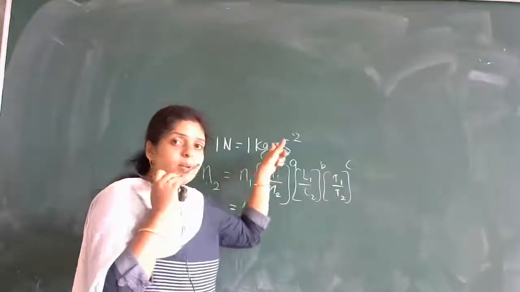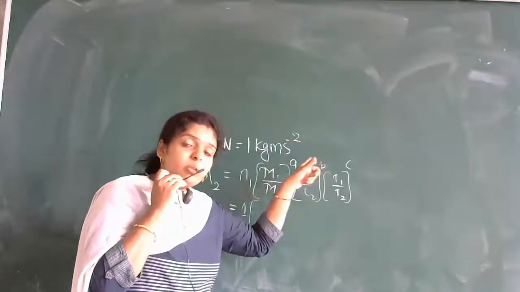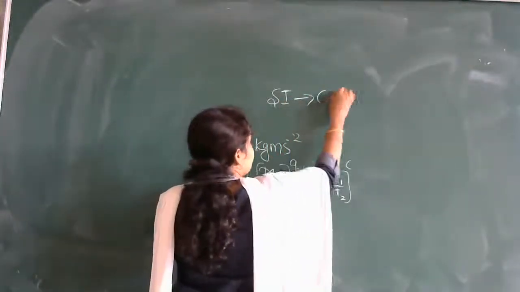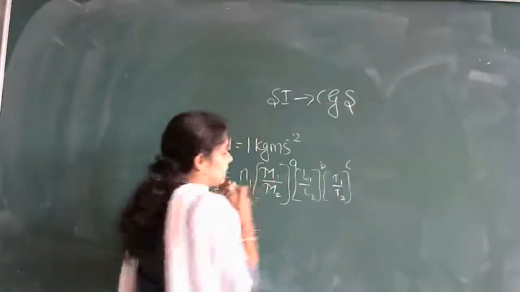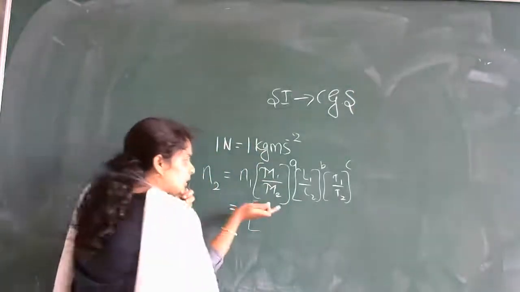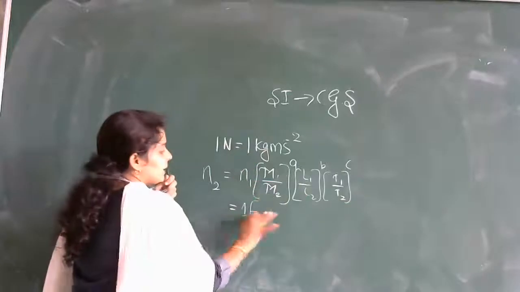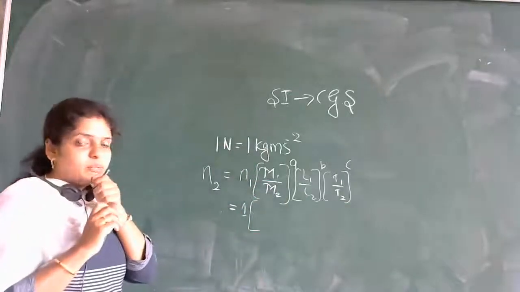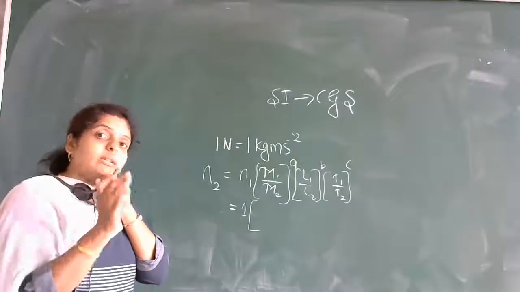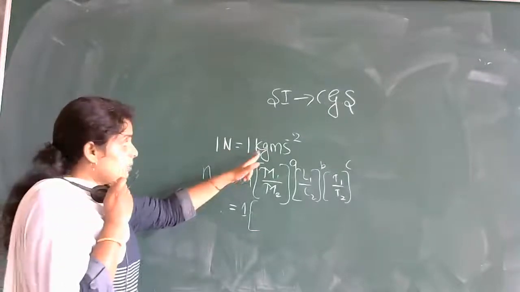You have the SI unit, and you need to convert it from the SI system to the CGS system. So in the numerator you will write the SI system, which means the unit they have already given. They have given the SI unit.